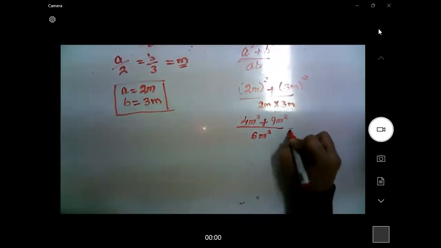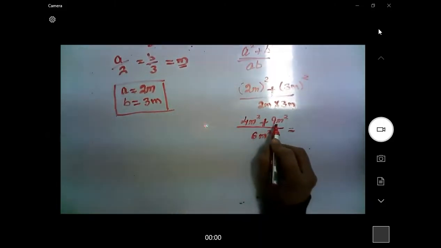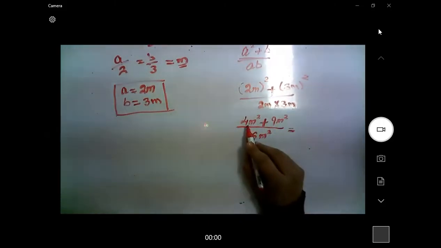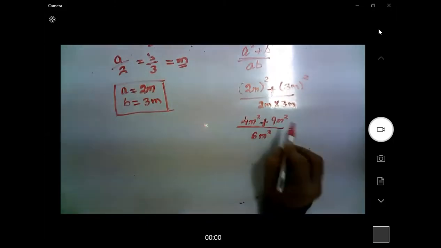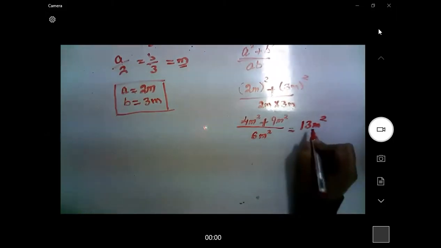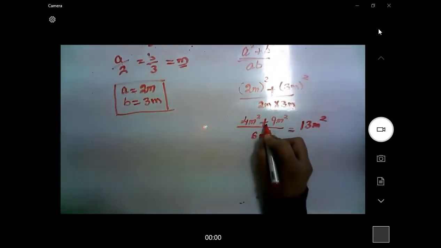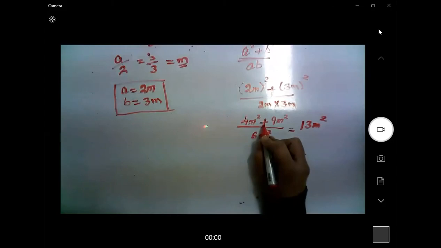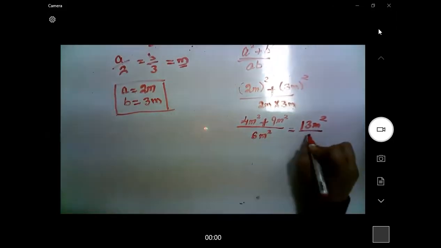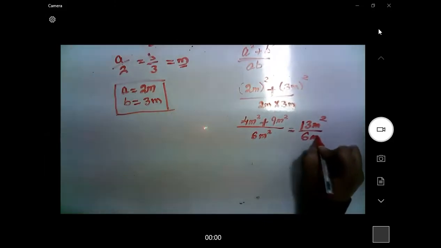Then we can add 4M power 2 plus 9M power 2 because they are like terms. So 4M power 2 plus 9M power 2 is 13M squared. Don't add the powers because this is an addition, not multiplication. Over 6M power 2.